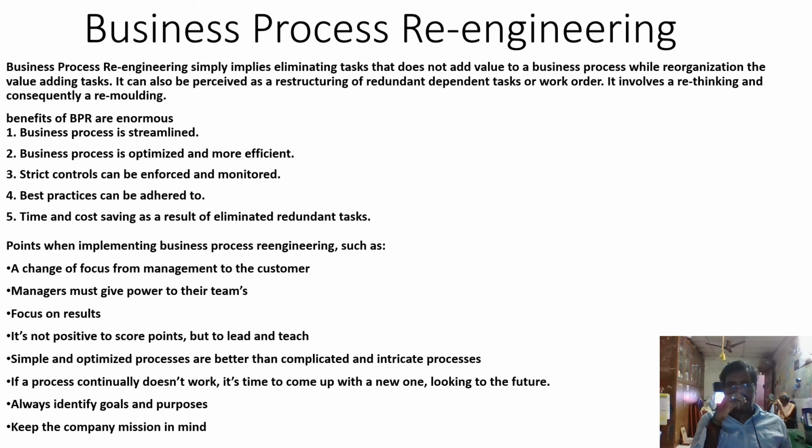Likewise, we can think in each field, about a complex scenario and how to simplify it and make re-engineering work, to make it a low-cost, high-benefit, high-return process. I hope you can understand what I am trying to say.